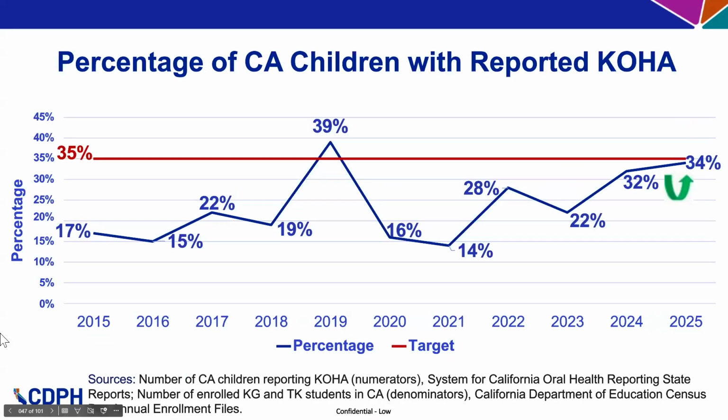Thank you. So this slide displays the trend over time for the other core performance measure, which is the percentage of California children who participate in COHA and report those assessments in SCORE. Again, there has been some year-to-year variability, but despite those fluctuations, it's very encouraging to see again in the most recent years a pretty consistent upward trajectory.